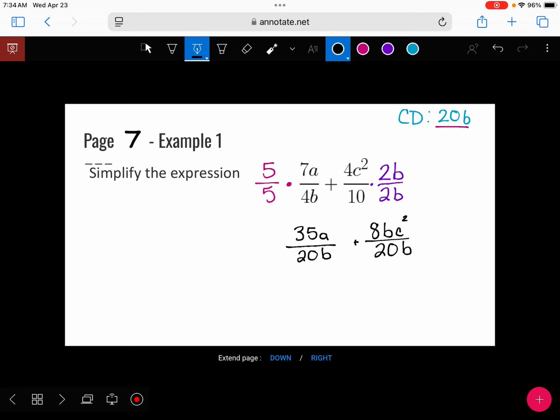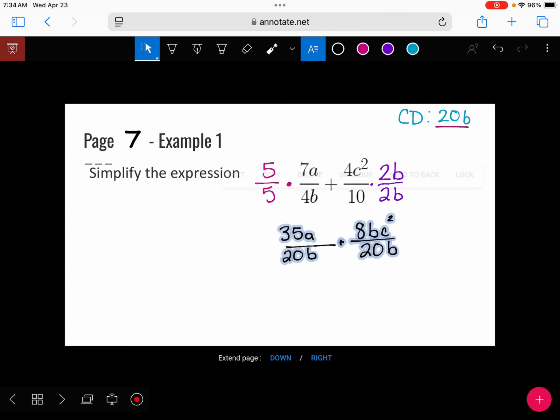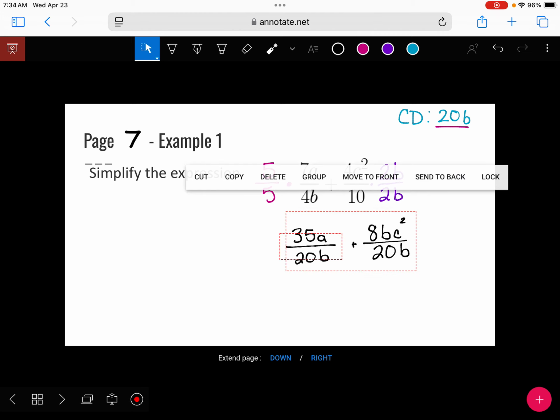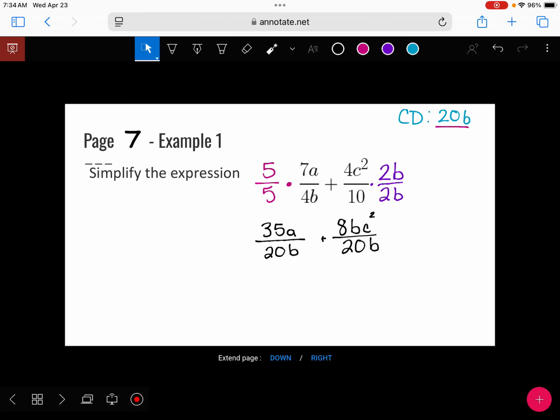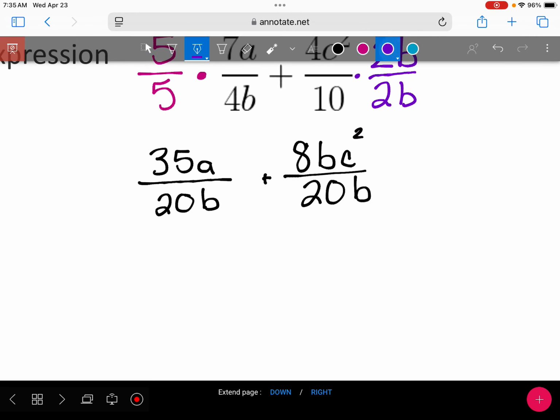So now we have that common denominator. What can we do with that? Add them together. So when we add them together, we only write our denominator once. So it's going to be 20b.